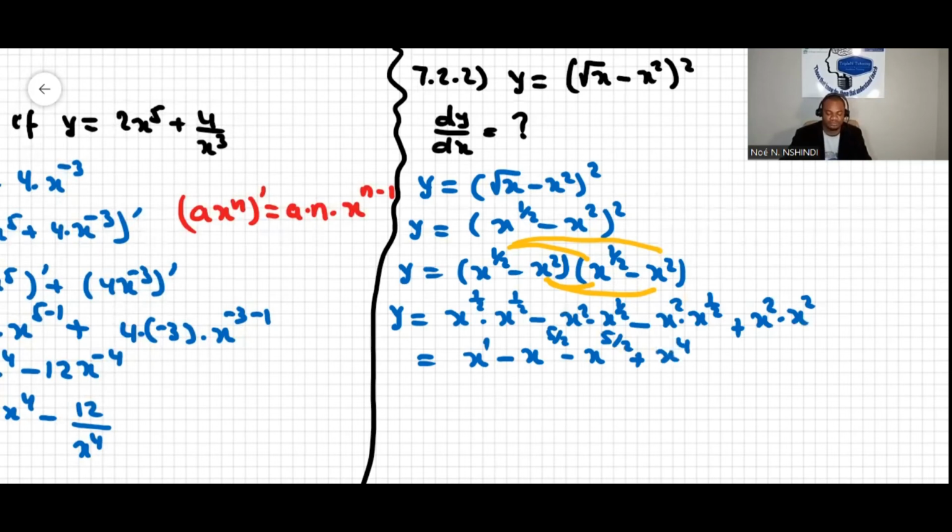Now we can simplify further. This is x minus 2x to the power of 5 over 2 plus x to the power of 4.